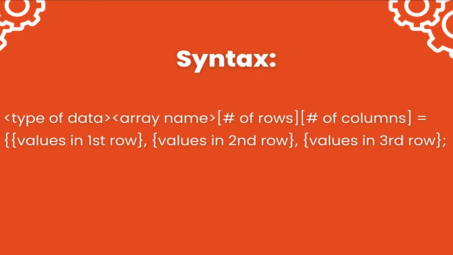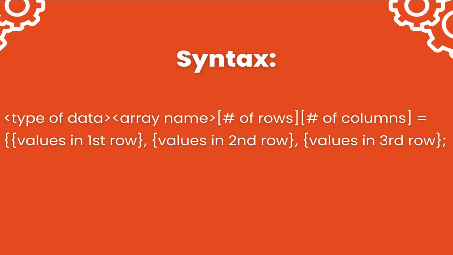Then, you would open two pairs of square brackets. In the first square brackets, you would write the number of rows you want your table to have. Rows are the horizontal lines in a table. So, if you wanted your table to have 3 rows, you would write 3 in the first square brackets.